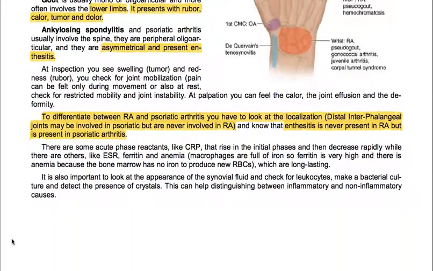There are also some acute phase reactants like CRP that rise in the initial phases and then decrease rapidly, while there are others like ESR, ferritin, and anemia. Macrophages are full of iron, so ferritin is very high, and there is anemia because the bone marrow has no iron to produce new red blood cells, which are long-lasting.